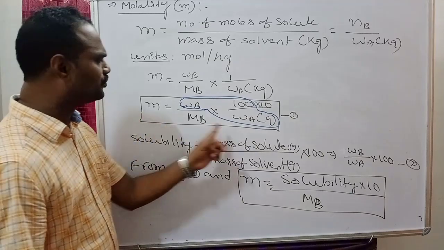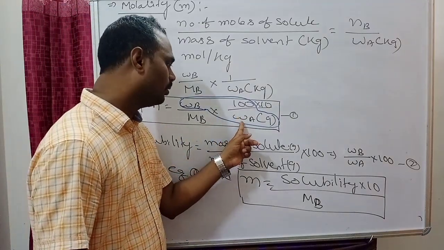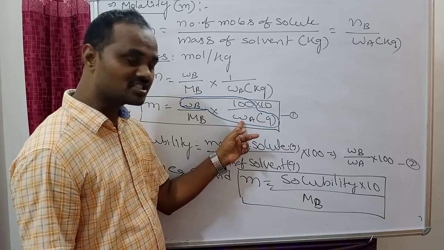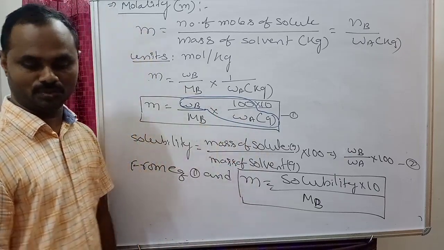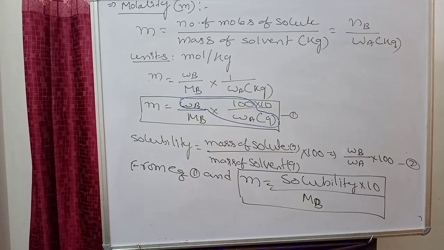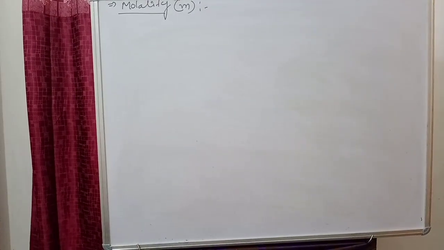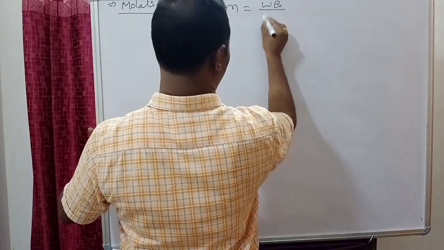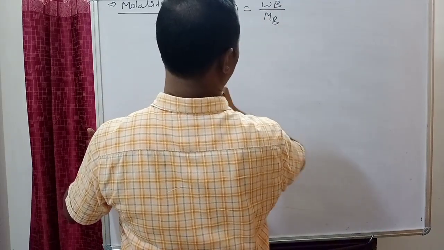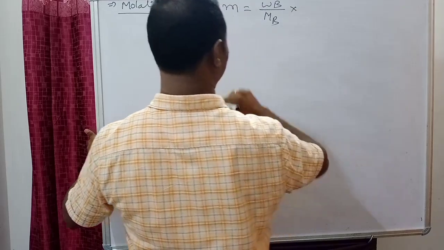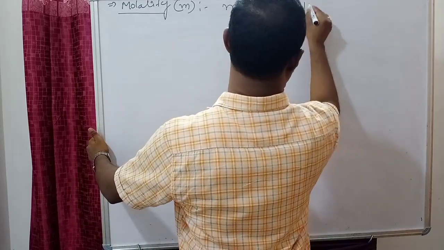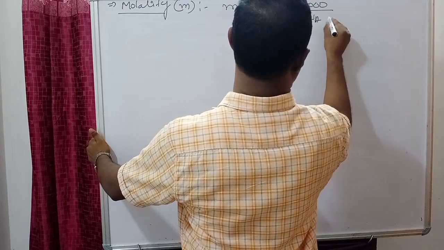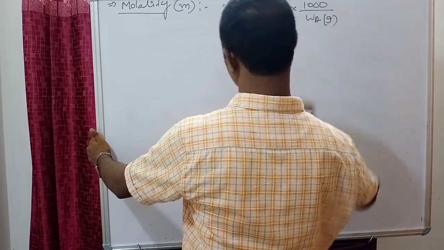Suppose in this formula, instead of mass of solvent, sometimes they will provide mass percentage. Then what do you have to do? We'll see. Molality formula: WB, mass of solute, by molar mass of solute, into 1000 by mass of solvent in grams.